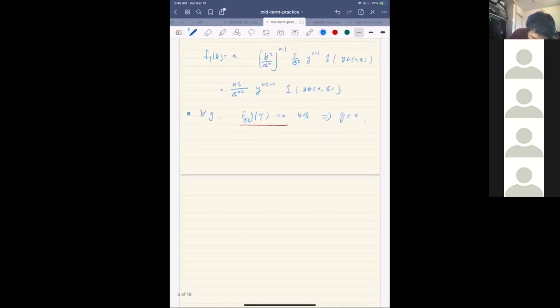It should be the integral from 0 to beta of n tau beta n tau y to the n tau minus 1 times g of y dy.